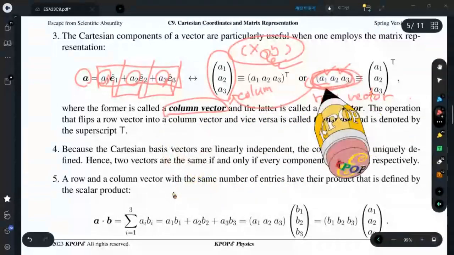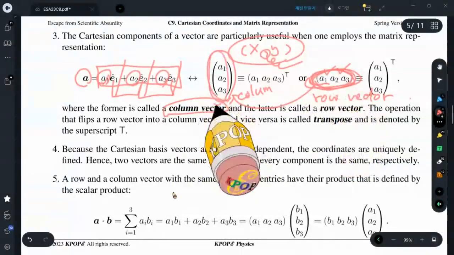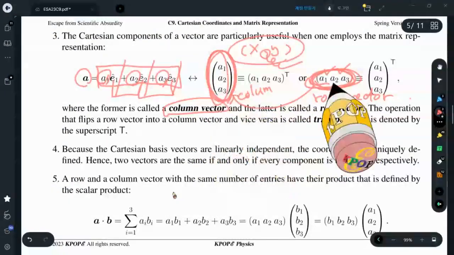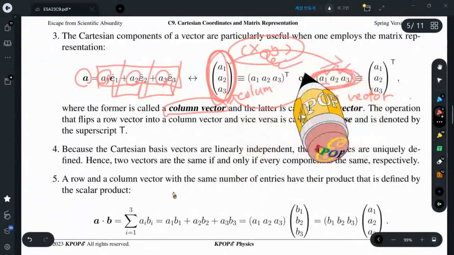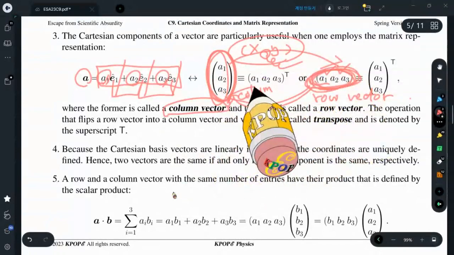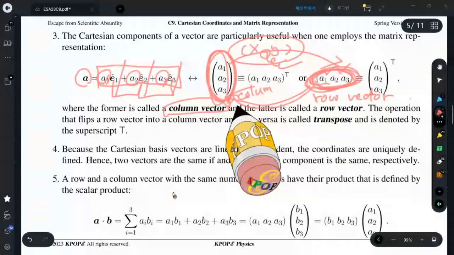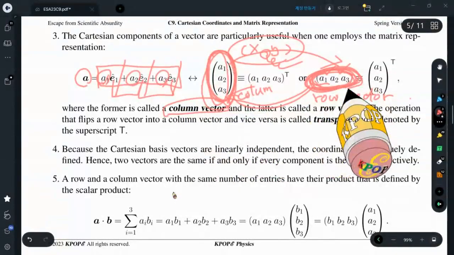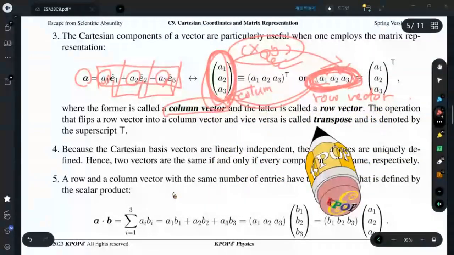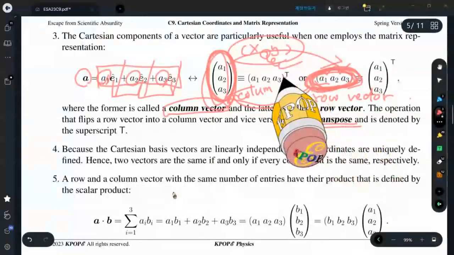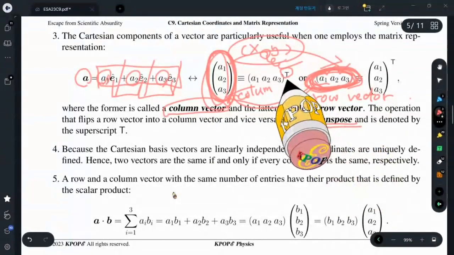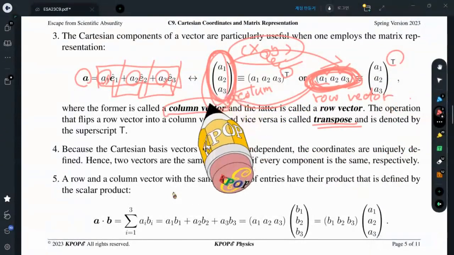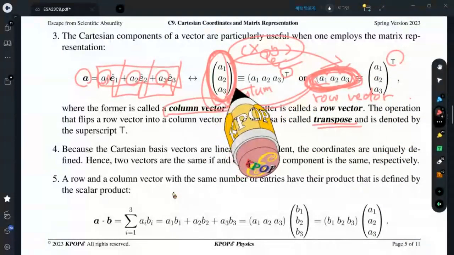Column vector, and this is a row vector. There is a rule: lay down to this form and stand up to this form. This kind of transformation, making a column into a row and a row into a column, we call a transpose. We attach a superscript capital T to represent the operation.